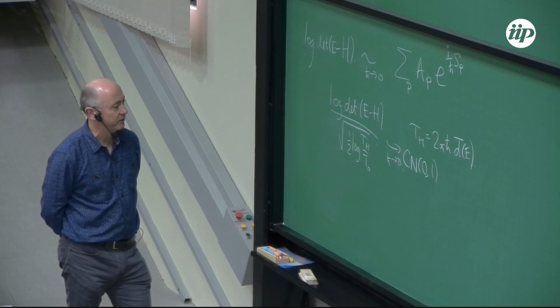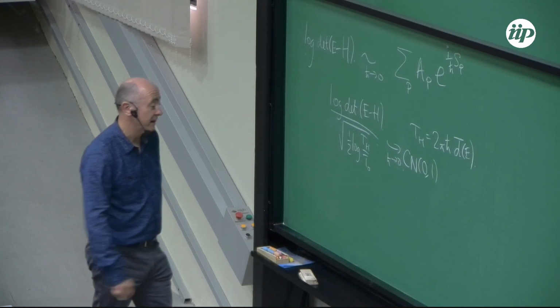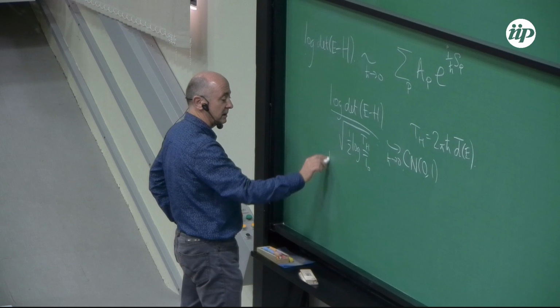So there's a central limit theorem for the log of the determinant, and that tells us something about what the log of the determinant looks like.